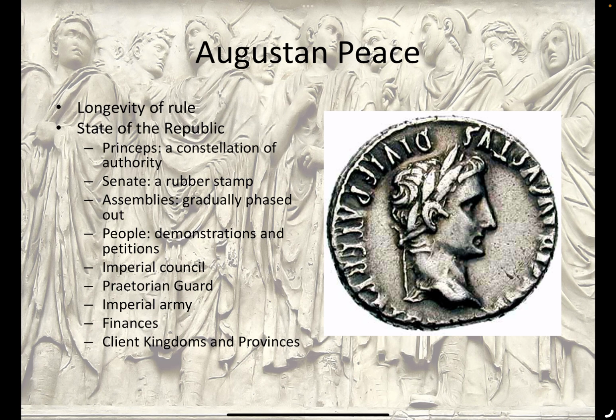In addition to that, he was the Pontifex Maximus, which meant he was the head of the Roman religion, at least after Lepidus died, I think in 12 BCE. Augustus became the Pontifex Maximus, and after that, all the emperors served in that vital religious role, which went back to the earliest days of the Republic.